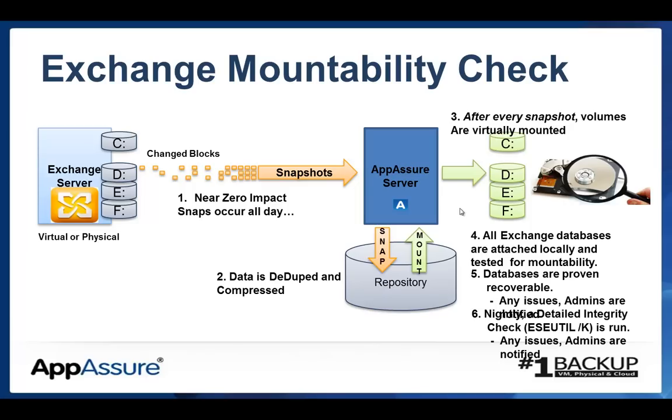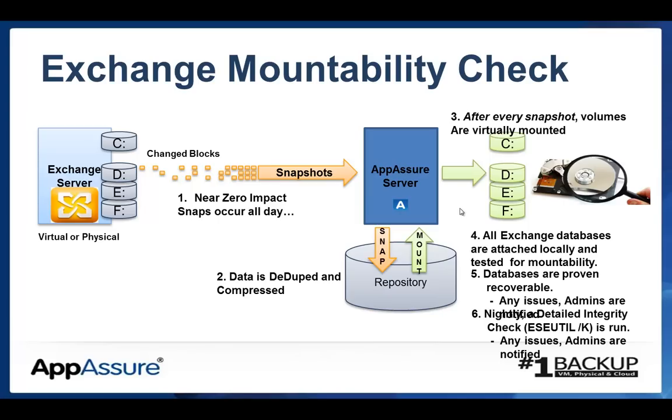So after every snap completes, even as frequent as every 5 minutes, we will mount the volumes, and then we will use a copy of the ESE engine that we've borrowed from your Exchange server, and we will go through and mount each one of the databases. So it's very similar to the attach test. When a mount occurs, it first looks at all of the components that make up the database files, the databases, the logs, everything. It has to know that the headers are good, and has to know that it was not shut down dirty. So it looks for that as well.